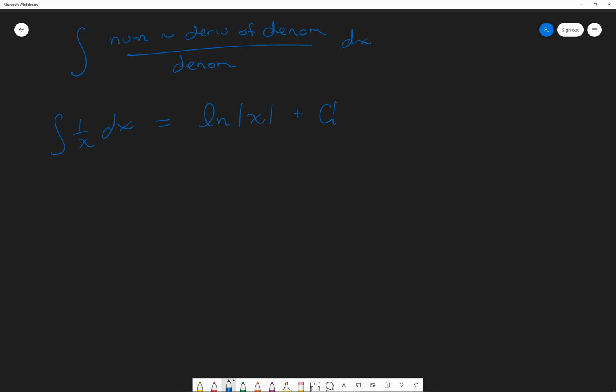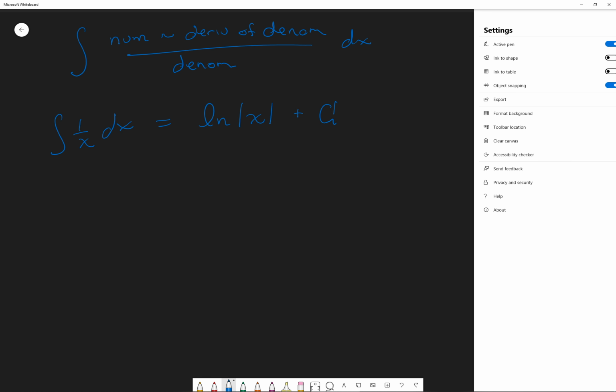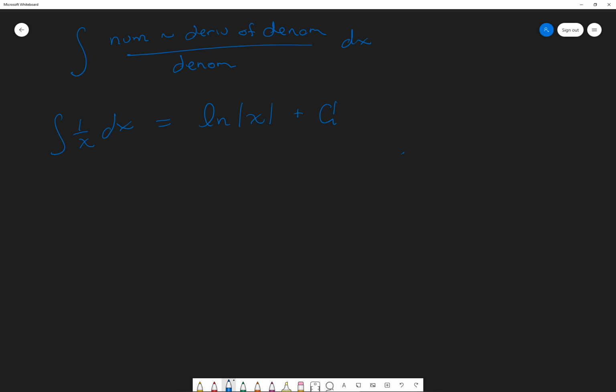Okay, let's look at another example here. So you see, this is approximately the derivative. Let's look at another one just to make it a little more clear. Actually, let me make some space here. Let's continue. So imagine you have this next integral: 2x divided by x squared plus 1 dx.